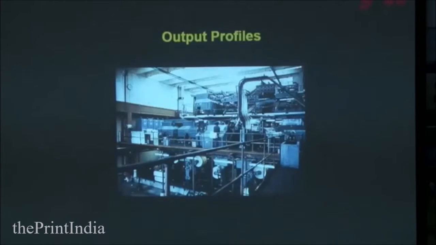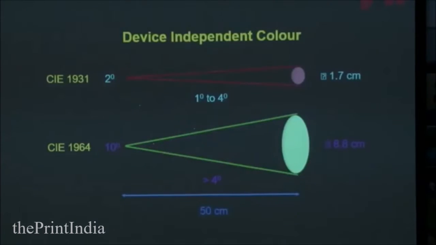So after printing, we have to measure the color, and in printing normally we take 2 degree. So in your instrument you will have a setting for 2 degree. You must set your instrument for 2 degree and measure all the patches or measure the color. This is used in paint, textile and other industries.